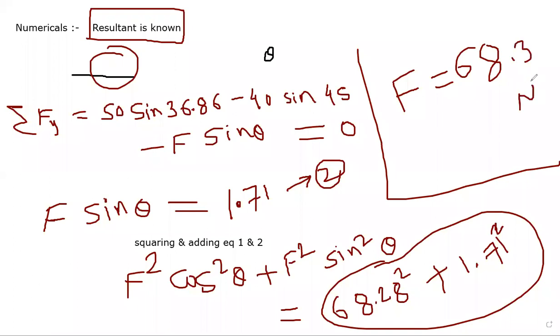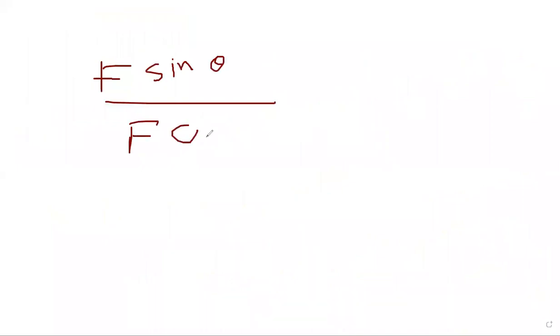So next is theta. Divide equation 2 by 1. So F sin theta divided by F cos theta is equal to 1.71 divided by 68.28.